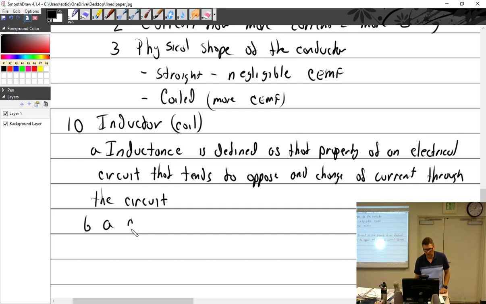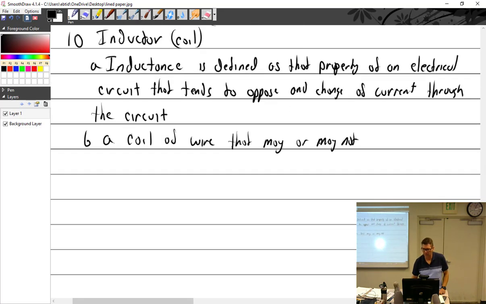It is a coil of wire. A coil of wire that may or may not be wound around a core.